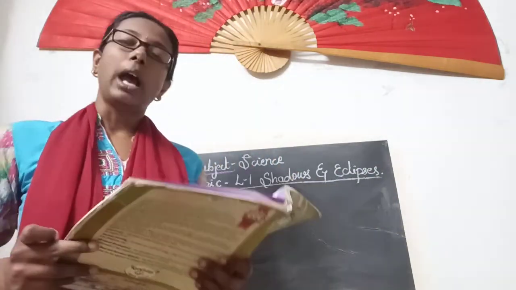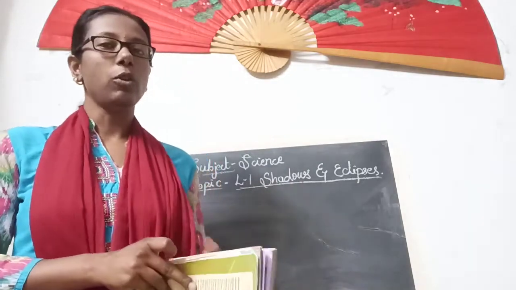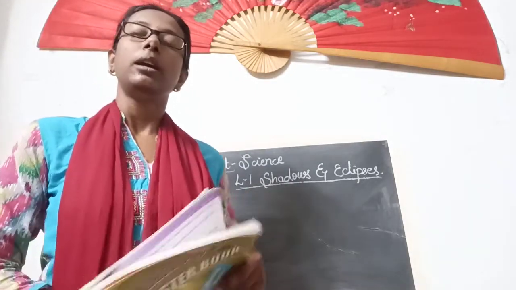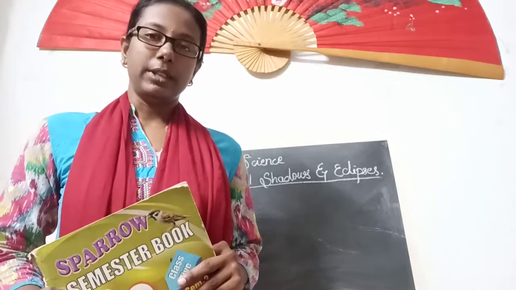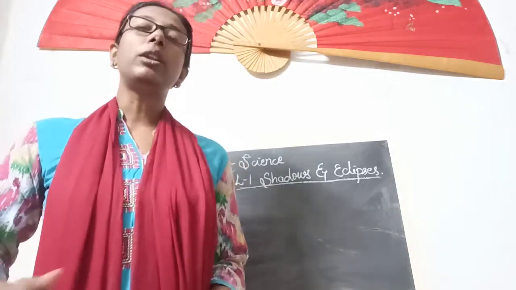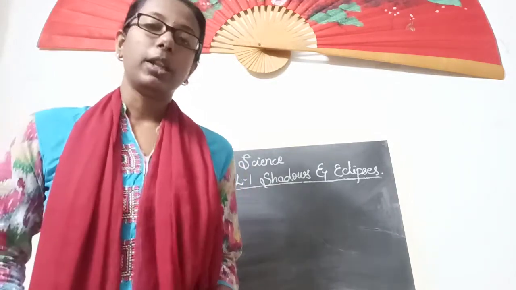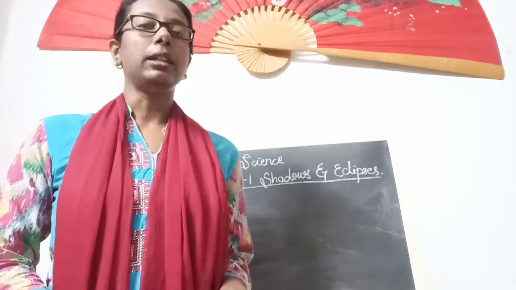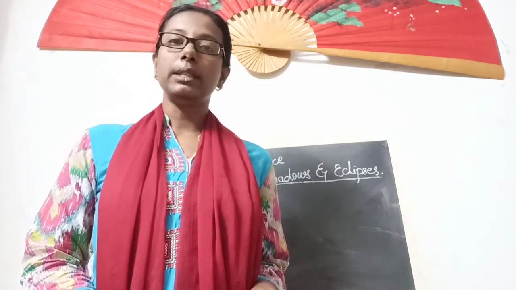Yes. And children, also one more thing you have to keep in mind, that the white surfaces, white objects, they will reflect more than the darker ones. That is why in summers, what do we suggest?